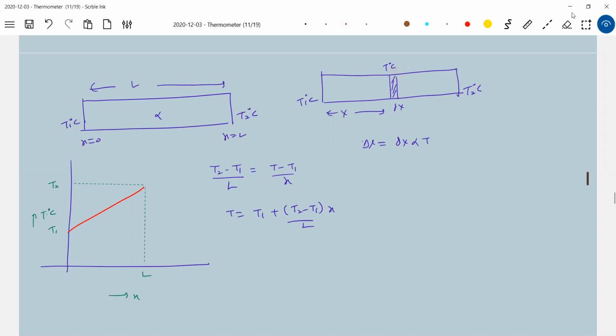Are you getting this one? So therefore this will become dx alpha. What is T? T1 plus (T2 minus T1) by L x. Alpha, okay, let's do one thing. Alpha T1 dx plus (T2 minus T1) alpha by L x dx.